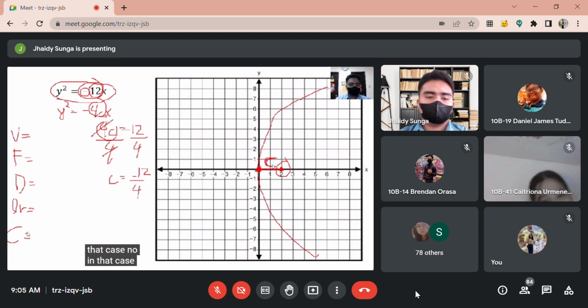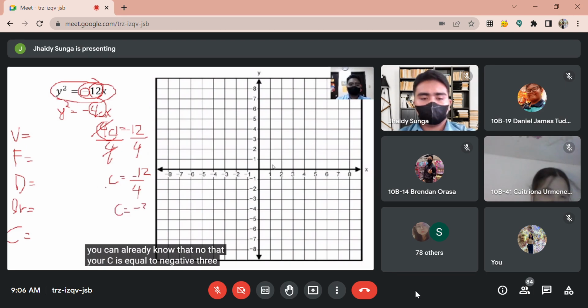In that case, you could already know that your c is equal to negative 3.